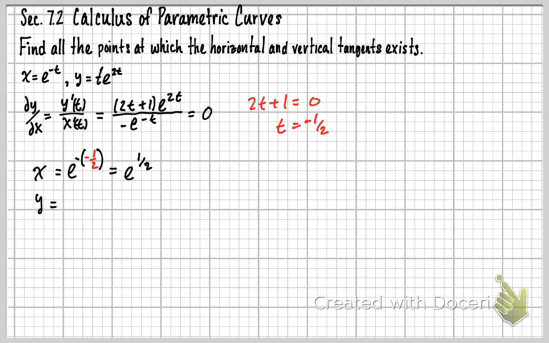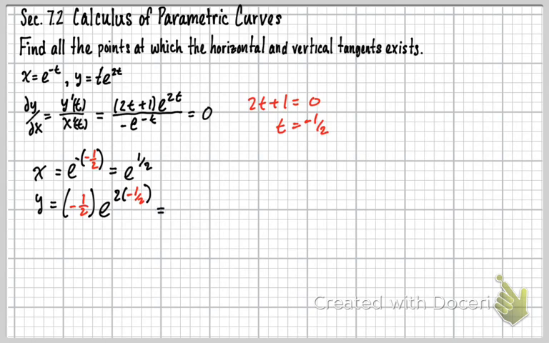And then for my y value, I have a t right away, so that's going to be a negative 1/2 there, and then e to the 2 times, and there's my other t, negative 1/2.